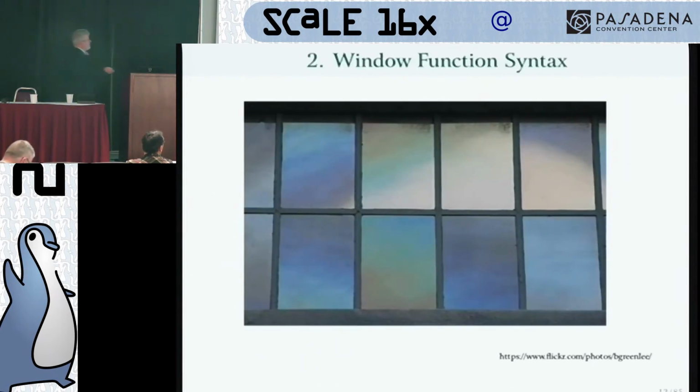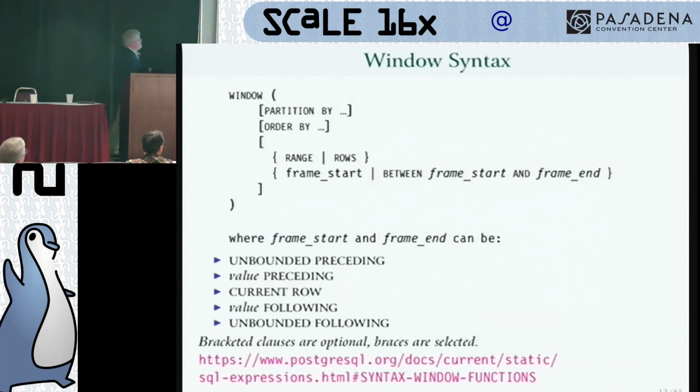Okay, so let's take a look at the window syntax. Here we have the full syntax for a window function. You have an optional partition by clause. You have an optional order by clause. Then inside you have what's called a frame clause, which can say the word range or rows. And then you have a frame start or a between frame start and frame end, and those can be any of these things.